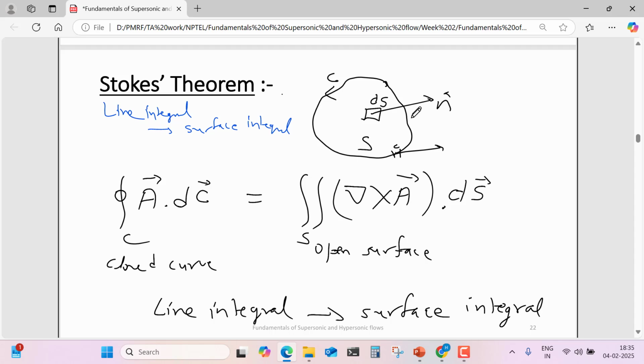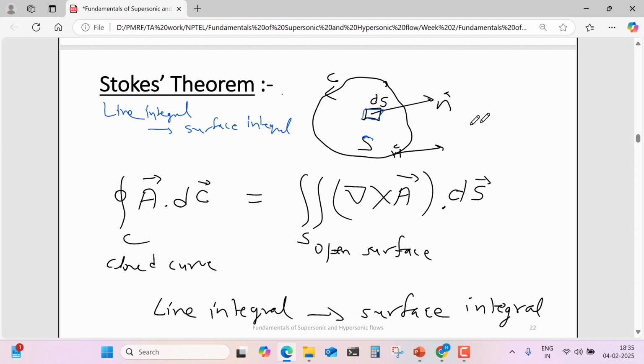If there is one surface S which is enclosed by one curve C, this C curve is one closed curve, and there is one ds, a small surface which has a normal in n cap direction.